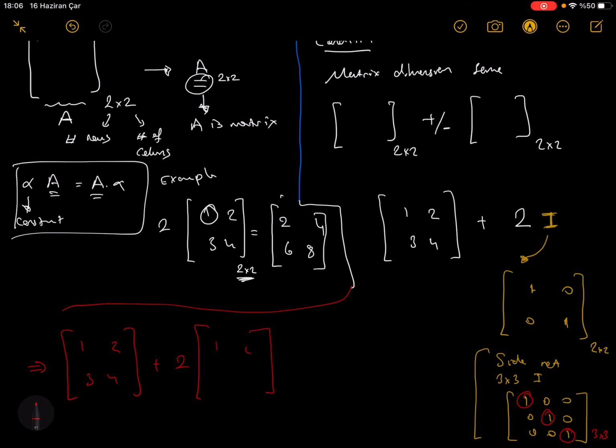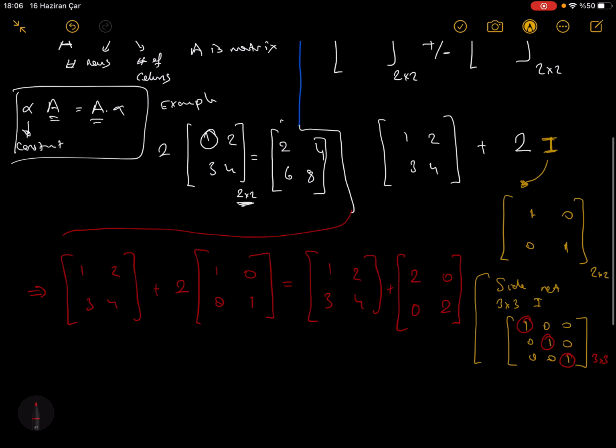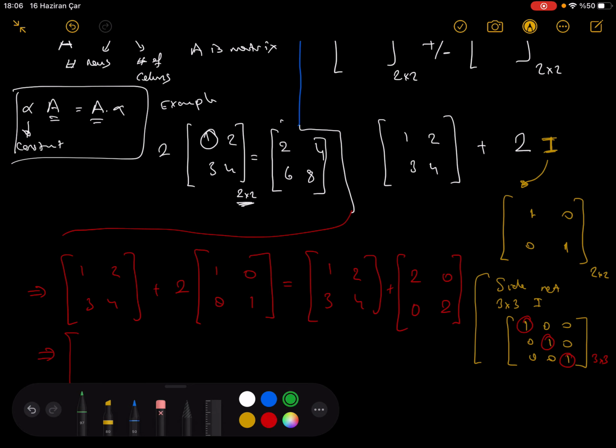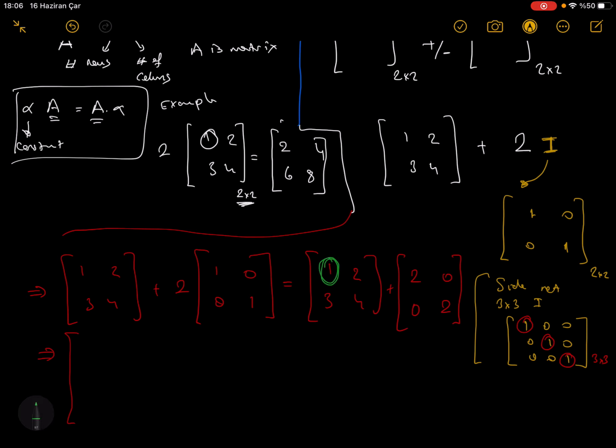The identity matrix is 1, 0, 0, 1, and multiplying by 2 gives 2, 0, 0, 2. So at the end, watch carefully, I am adding the first cell with the first cell of the second matrix, but I made a huge mistake.